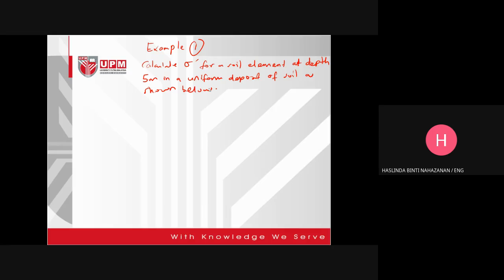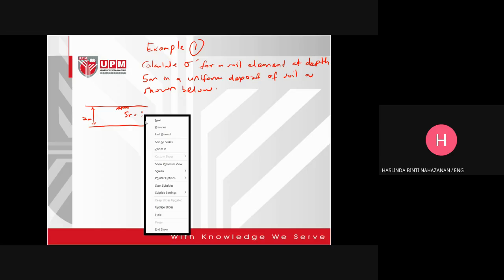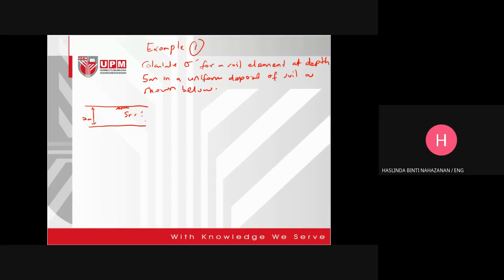So for example, we have a ground level, and up to 2 meters, here we are given a degree of saturation of 60% and a water content of 30%.